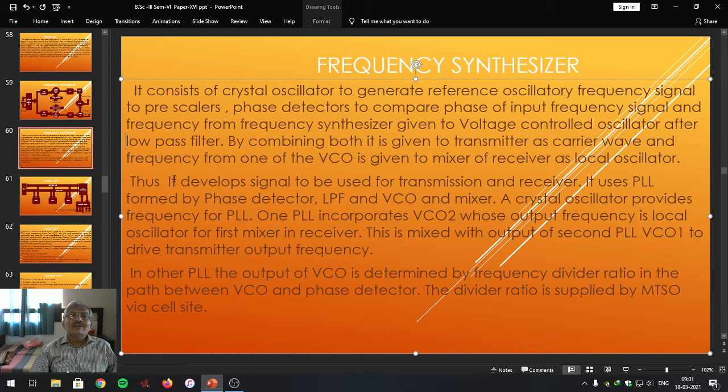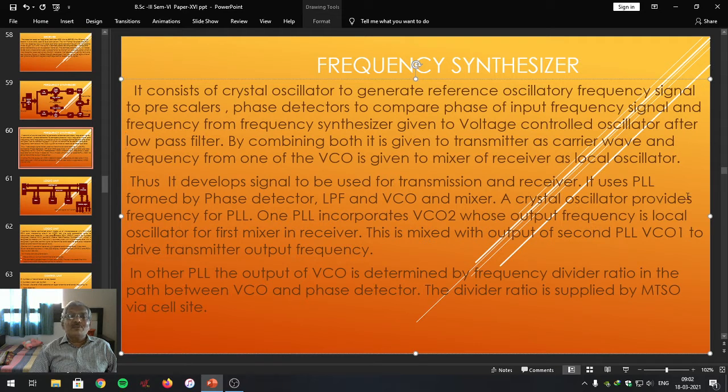Thus, frequency synthesizer develops signal to be used for transmission as well as the receiver. It uses PLL formed by the phase detector, as we already studied, low pass filter and voltage controlled oscillator along with the mixer.